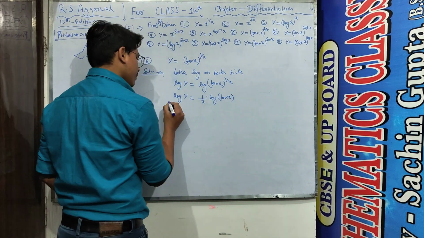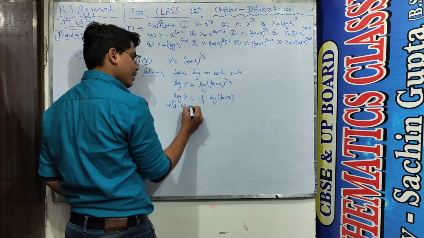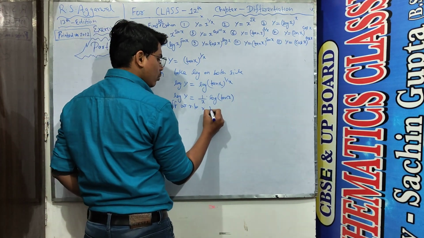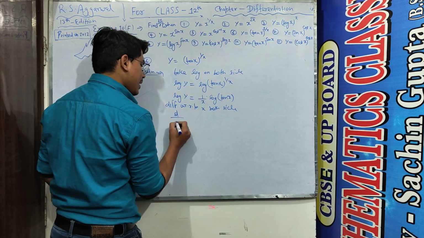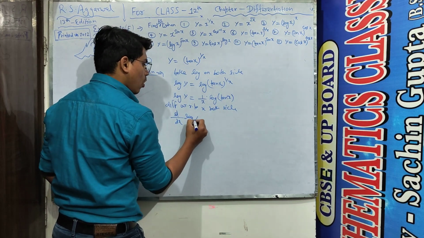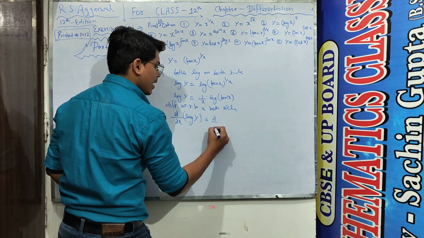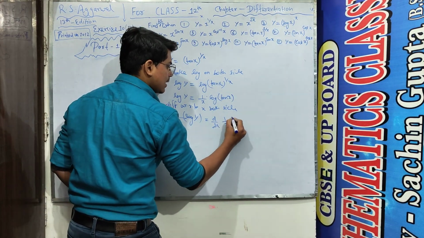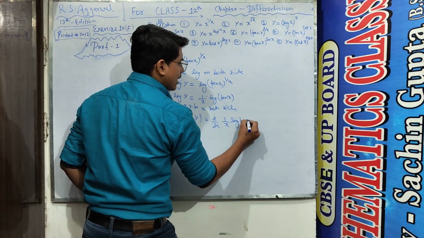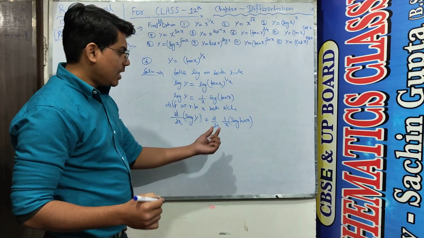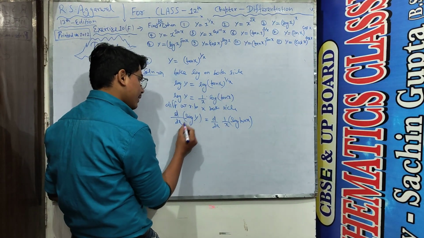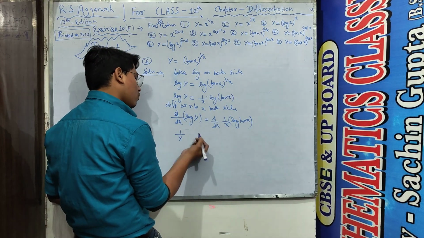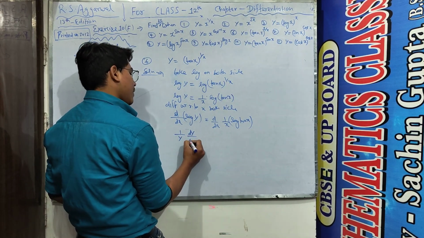Here we differentiate with respect to x, both sides. So it becomes d by dx of log y and d by dx of 1 upon x and log of tan x. Now here we apply the first-second rule again, and here we differentiate log y. The differential of log y is 1 upon y and dy by dx.